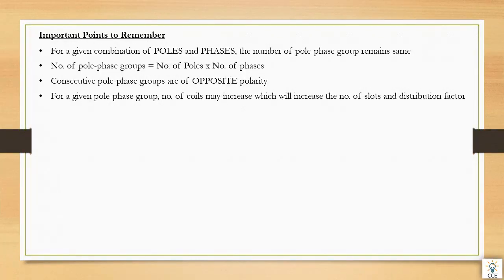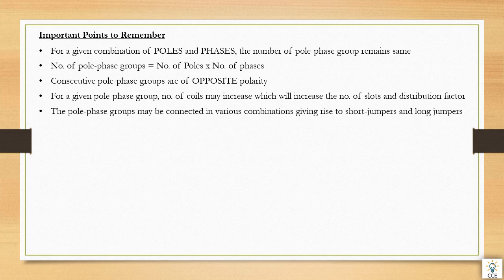So if it is possible, we try to increase the number of slots, and that increases the distribution factor of the winding. The matter of fact is, for a given pole phase group, if the number of slots increases, the number of coils will increase, but the total number of pole phase groups will remain the same.